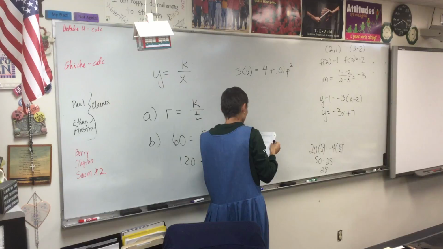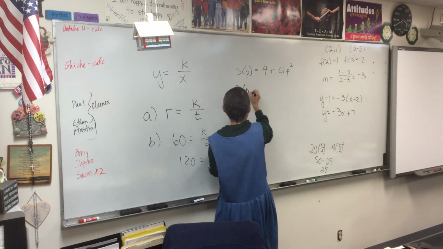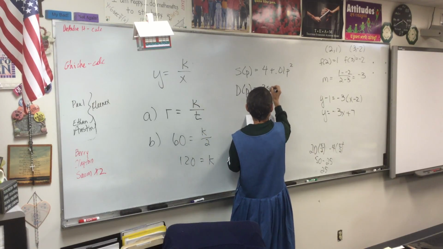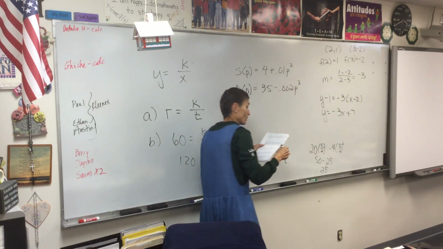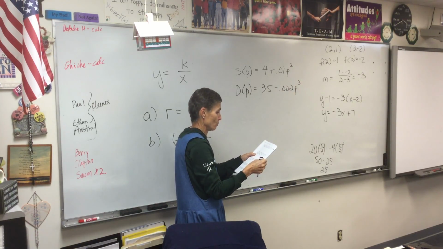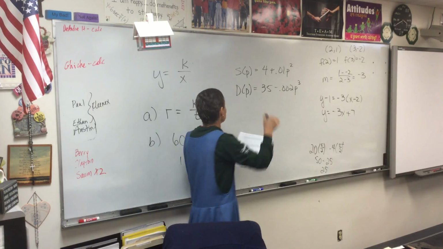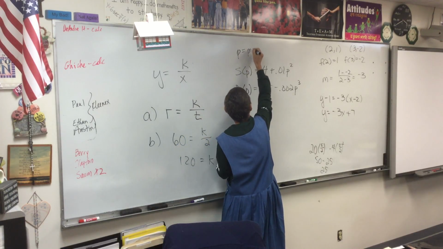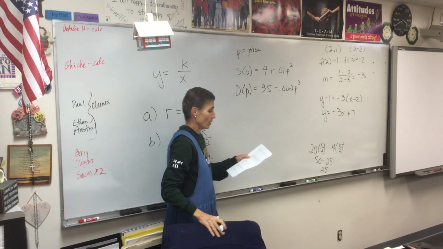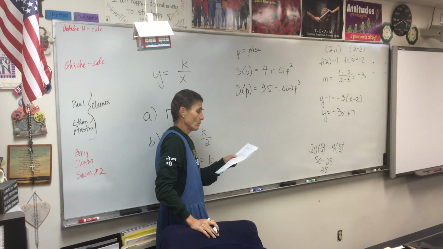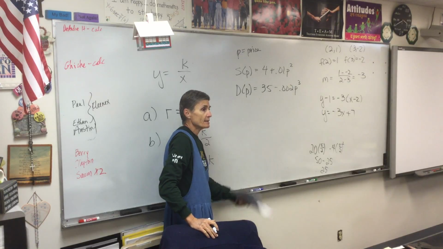All right, that's given. We don't figure it out. We know the demand is 35 minus 0.002 p cubed. Those of you that are working on your homework know there's something like this in the homework. P is the price of each ping pong ball. Determine the price for which supply equals demand.